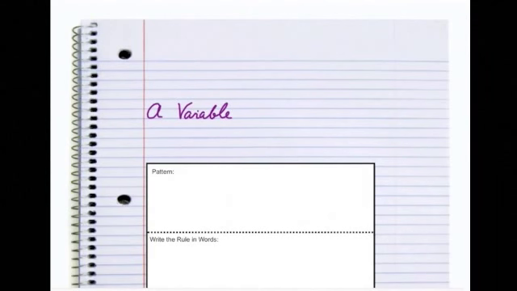So a variable is a quantity that varies or changes, and it's often represented by a letter.